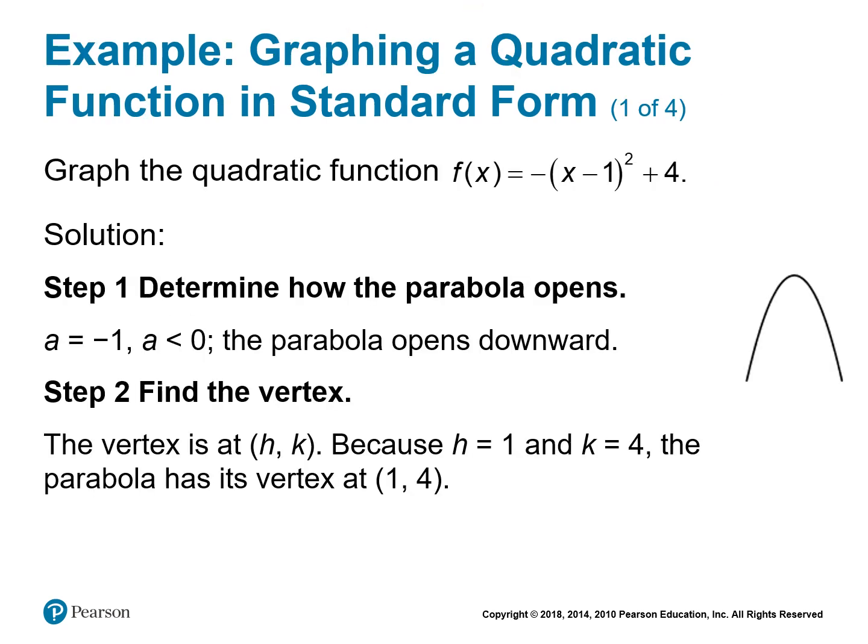Here's an example of the quadratic function in standard form, but it's really the vertex form, and I'll just keep saying vertex form if you don't mind. So graph the quadratic function f of x equals negative x minus 1 whole squared plus 4. So they go step by step showing how to graph the parabola by just looking at this form of the equation.